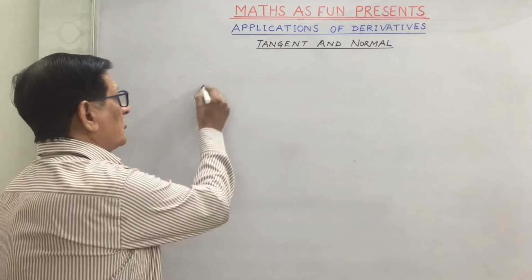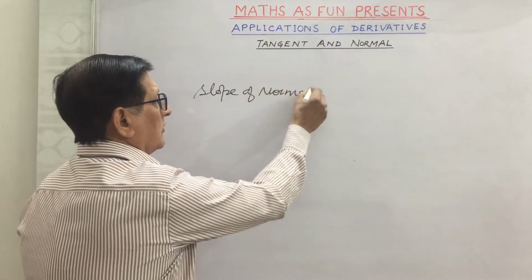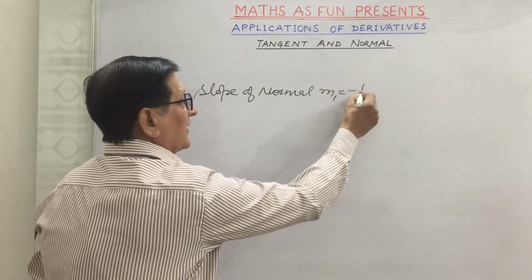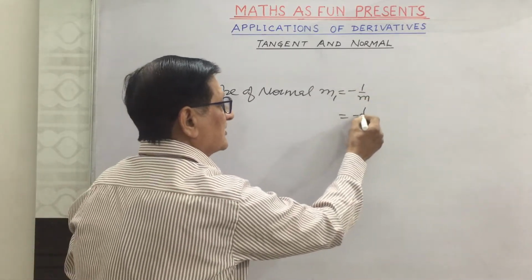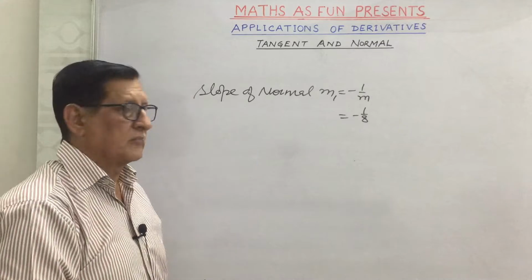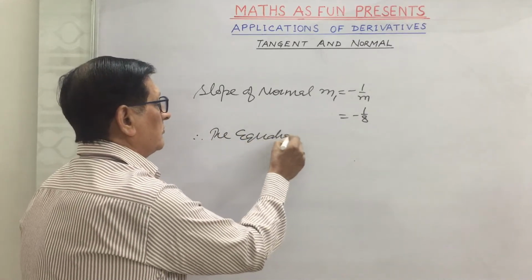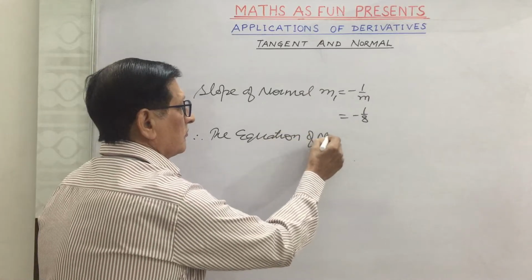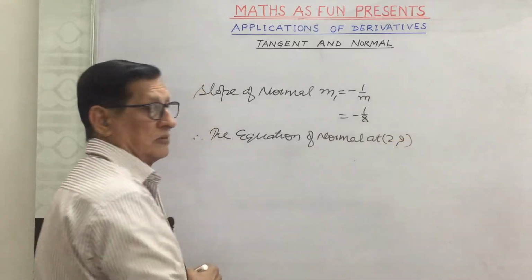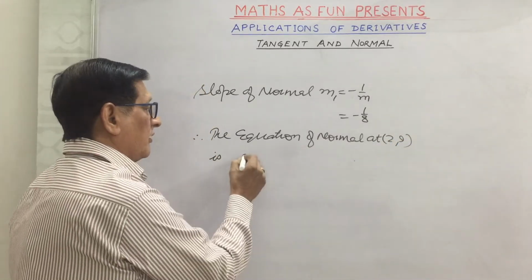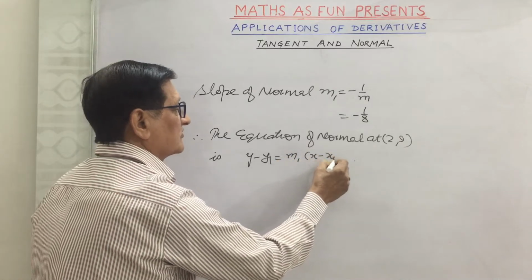Now to find the slope of the normal, m1, we know it is minus 1 upon m, that is minus 1 upon slope of tangent. In this case, it is minus 1 upon 8. Therefore, the equation of the normal at (2, 9) will be y minus y1 is equal to m1 into x minus x1.